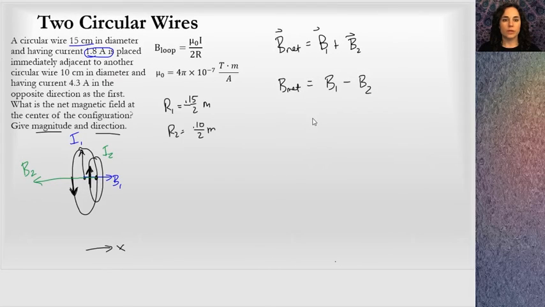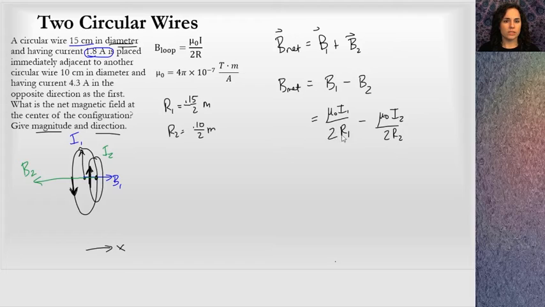So I'm going to plug in what I know about these magnetic fields. B1 is going to be mu naught I1 over 2 R1, right? That's the equation there. And then minus mu naught I2 over 2 R2. There's some common variables in here. The mu naught can come out. And then also I'm given the diameters, so I'm not going to factor the 2 out.